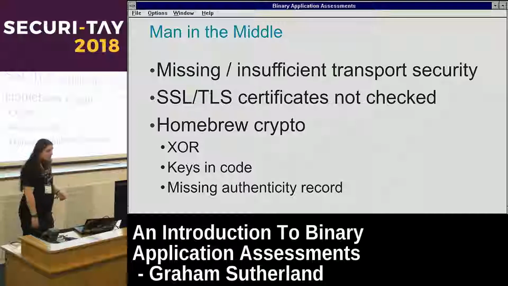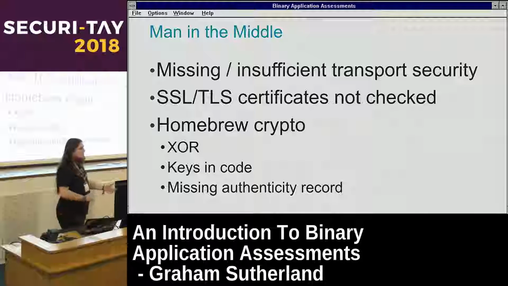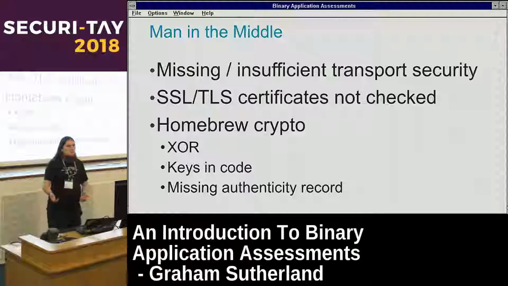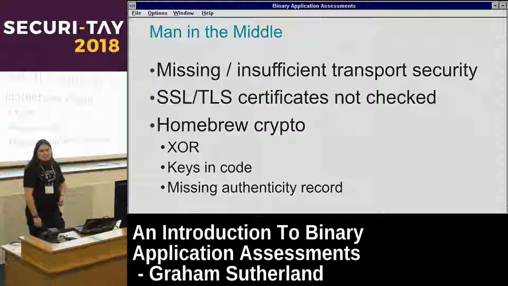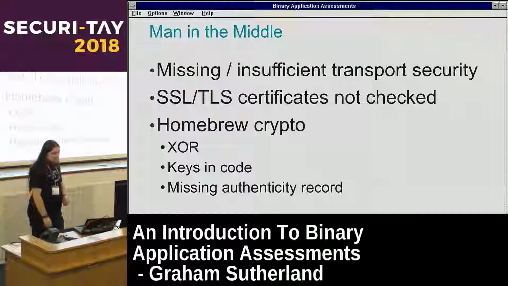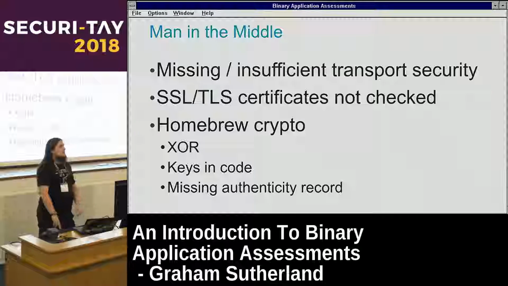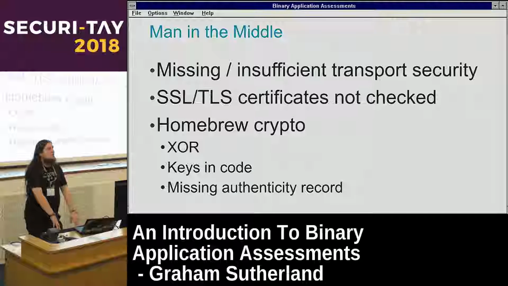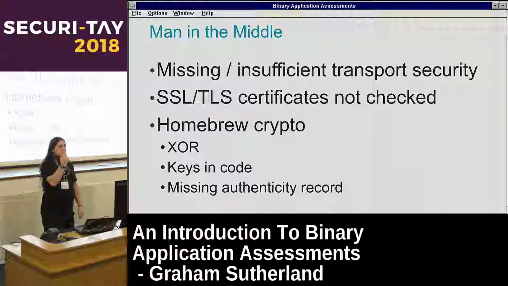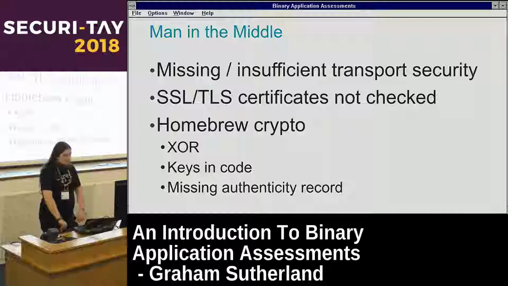It could be anything, and they're just not putting any form of encryption, authentication, integrity checking, and things like that on there. Or if it uses SSL and TLS, the application just decides not to check the certificate. So you can just put your self-signed certificate in there, and it just accepts it. So it might as well not have TLS from the perspective of a man-in-the-middle attack.